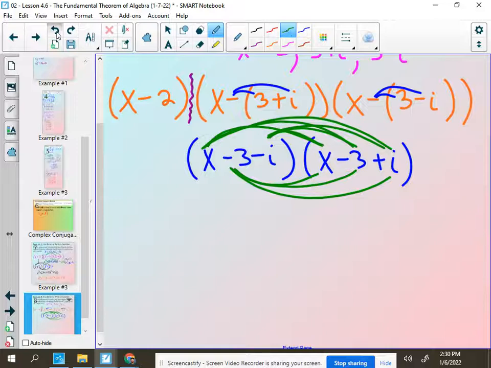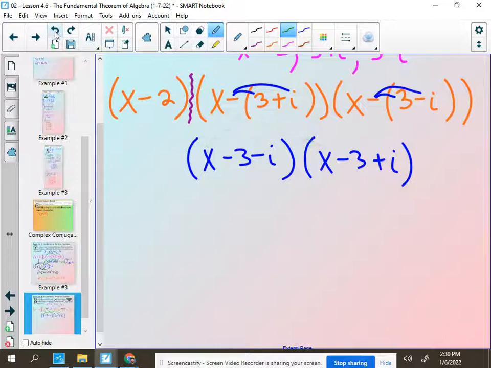I don't know if my way is necessarily better or shorter. It's just the way I feel like over time, most people have done better with. So hear me out here. I would group these first 2 things together, the x minus 3, because they're the same, and treat that as one thing that is part of our FOIL.